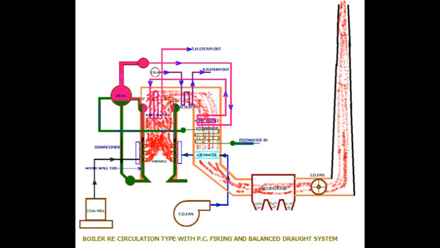At least it meets the requirement of the stoichiometric quantity of oxygen supply. Side by side, for excess air requirement to create turbulence, there is a secondary air provision. Hot secondary air is supplied through the wind box.